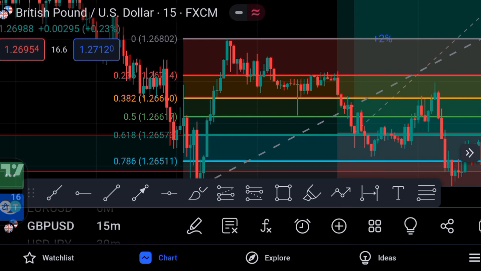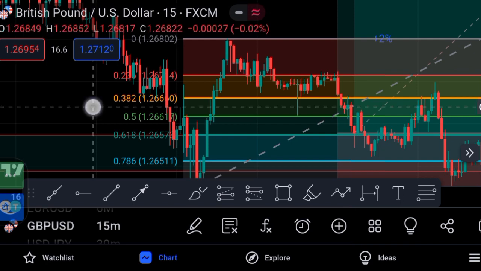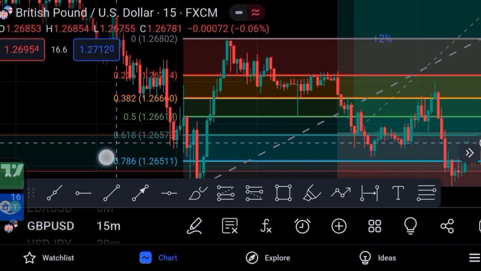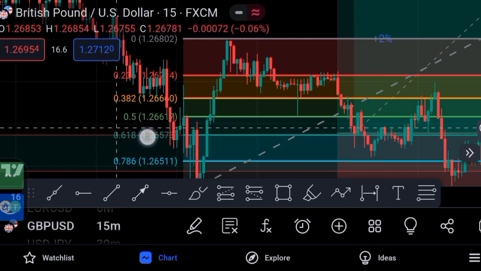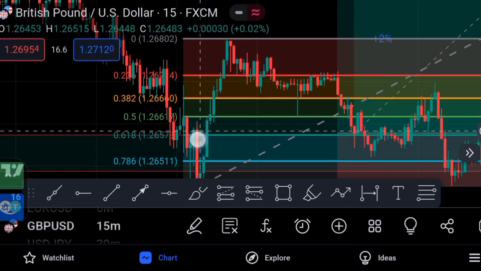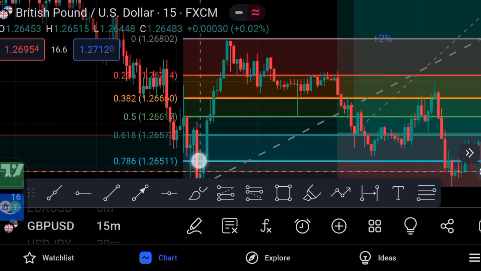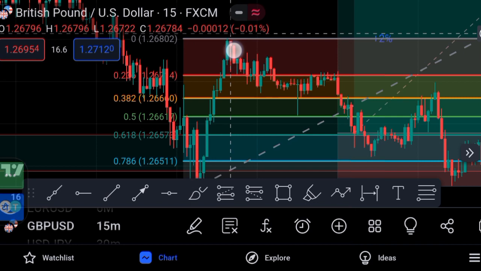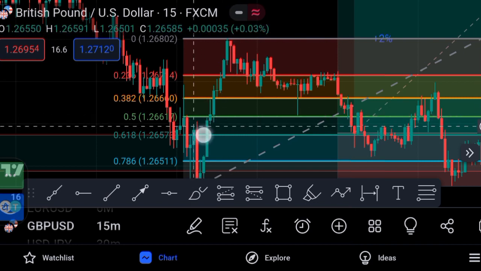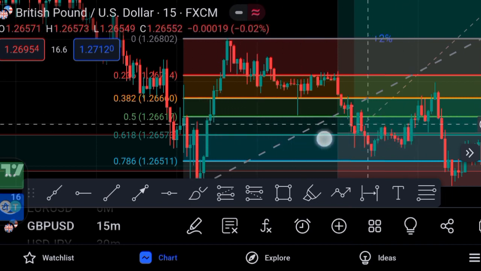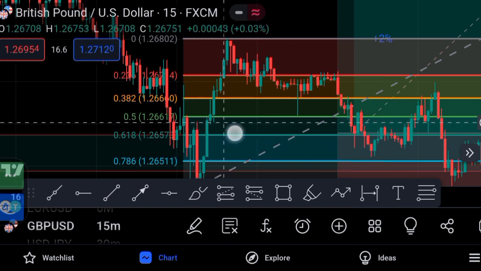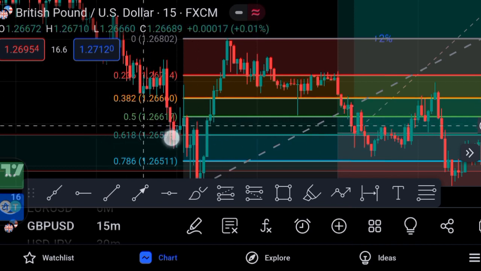This 0.618 tallies with this previous high in the 15 minutes, this previous high right here. So once it broke it, this Fibonacci is telling us that there is a likelihood that it's going to come back and retest this 0.618 zone.